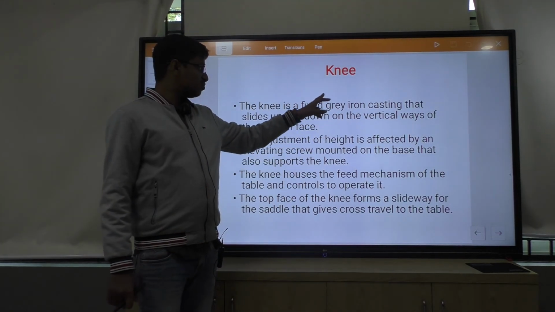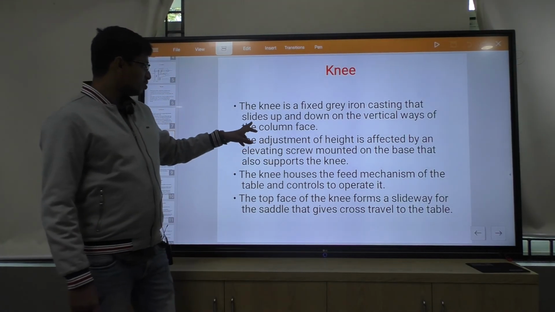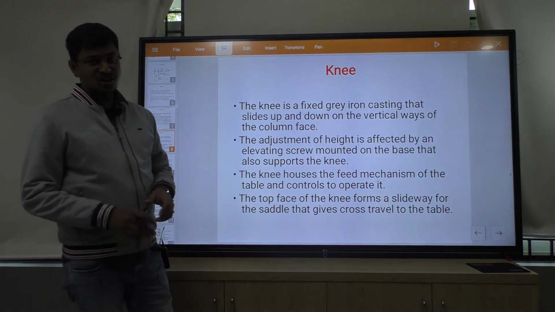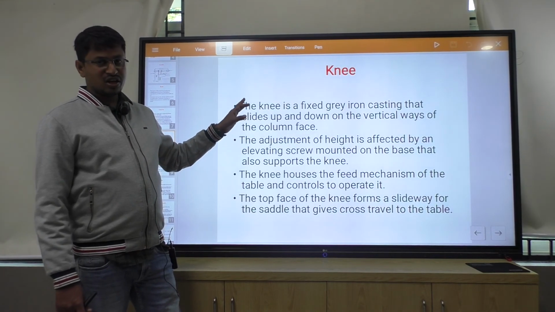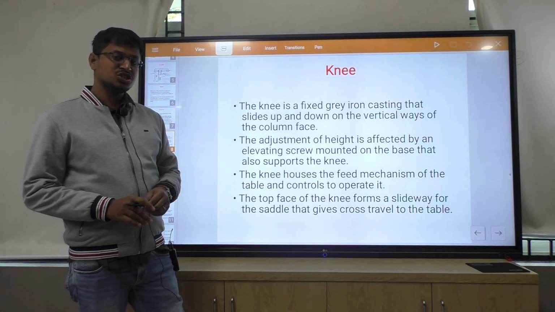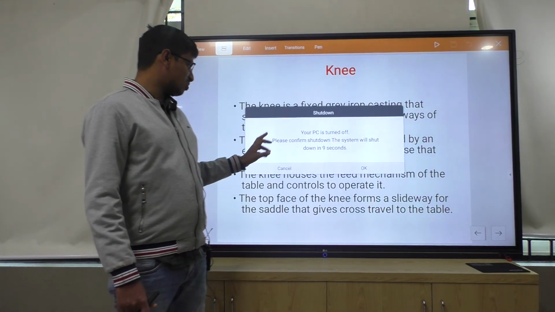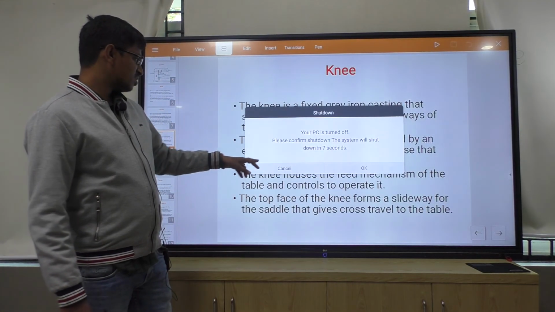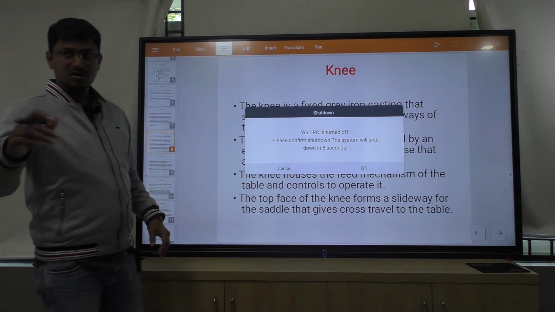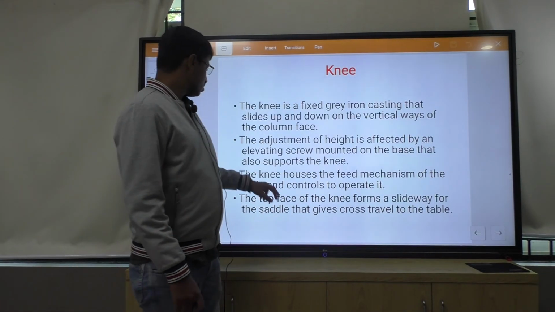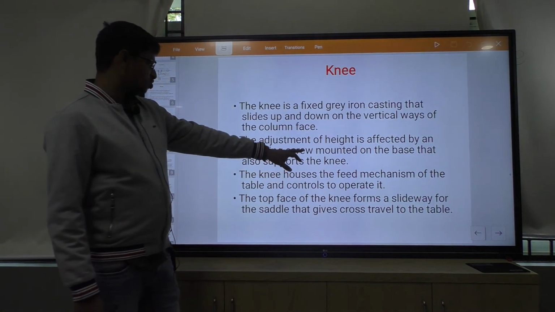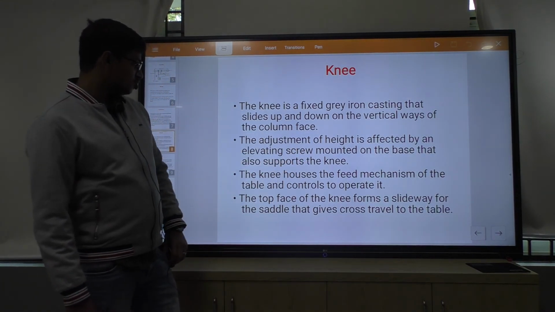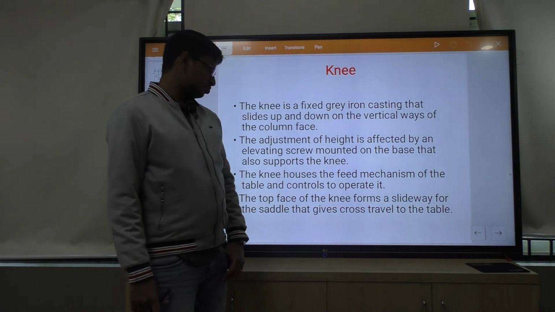Why is the knee provided, and why is the dovetail mechanism provided in the column? Because with the dovetail mechanism, the knee moves up and down to adjust different heights of a workpiece. The height adjustment is effected by an elevating screw mounted on the base that also supports the knee.